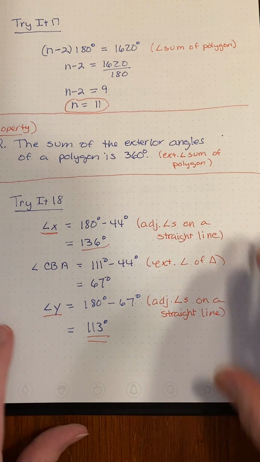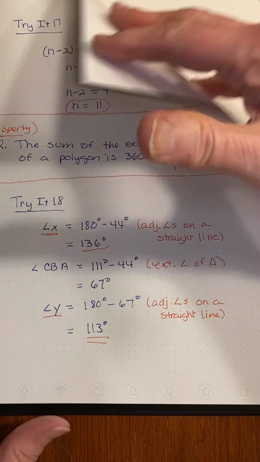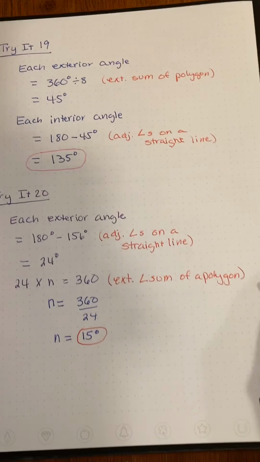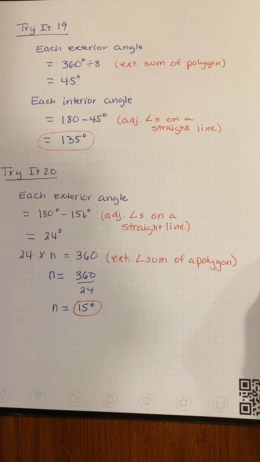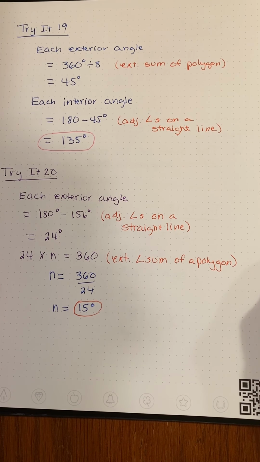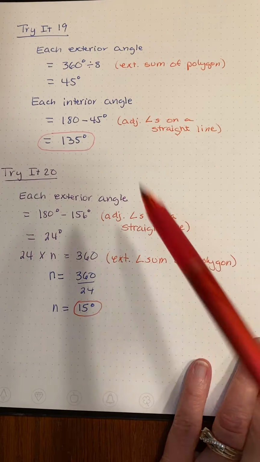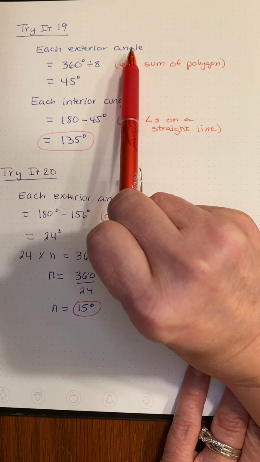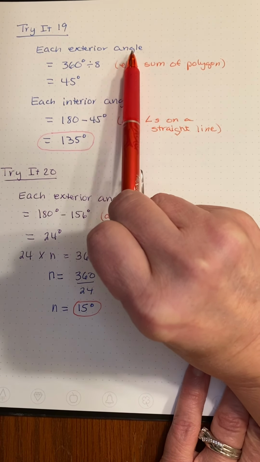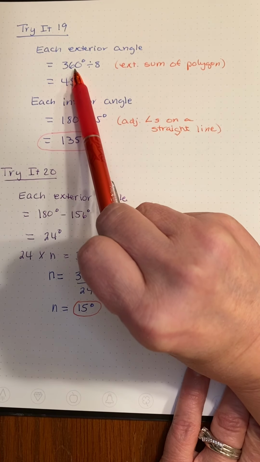Okay, now at the bottom of the page, Try It 19 says, find the measure of each interior angle of a regular octagon. Now I have that adjective regular. That means all the angles are equal. So each exterior angle is where I start, because those all total 360.